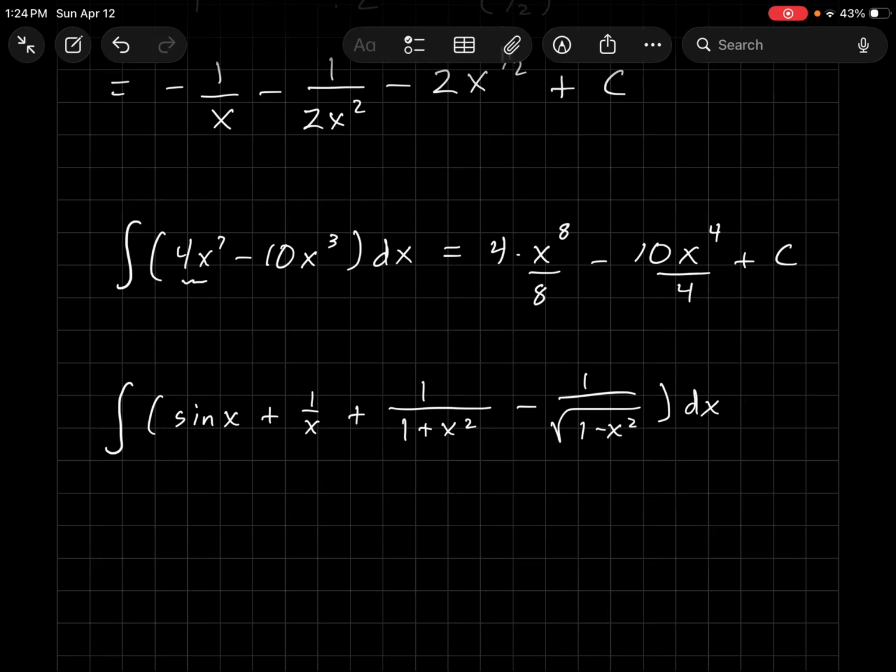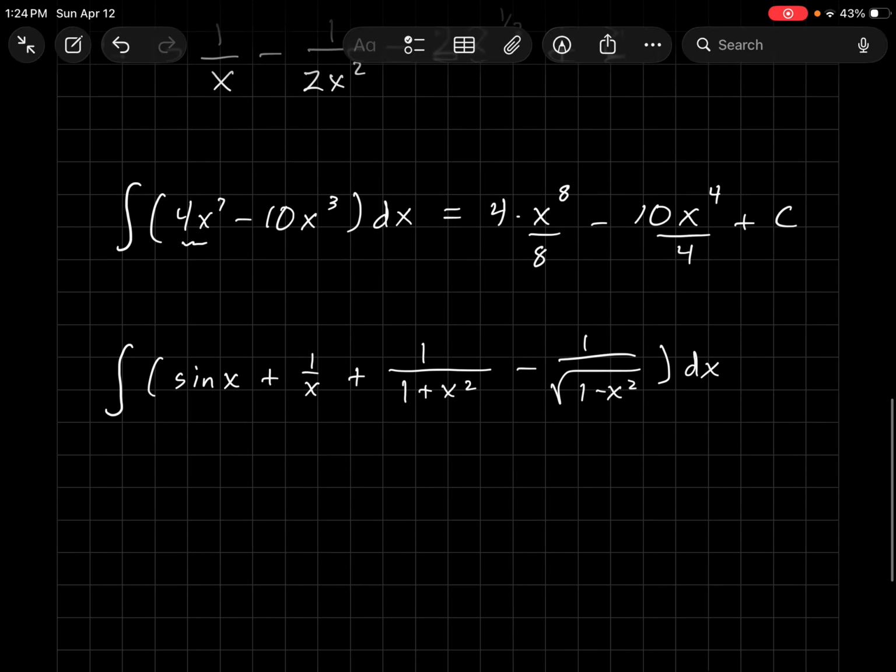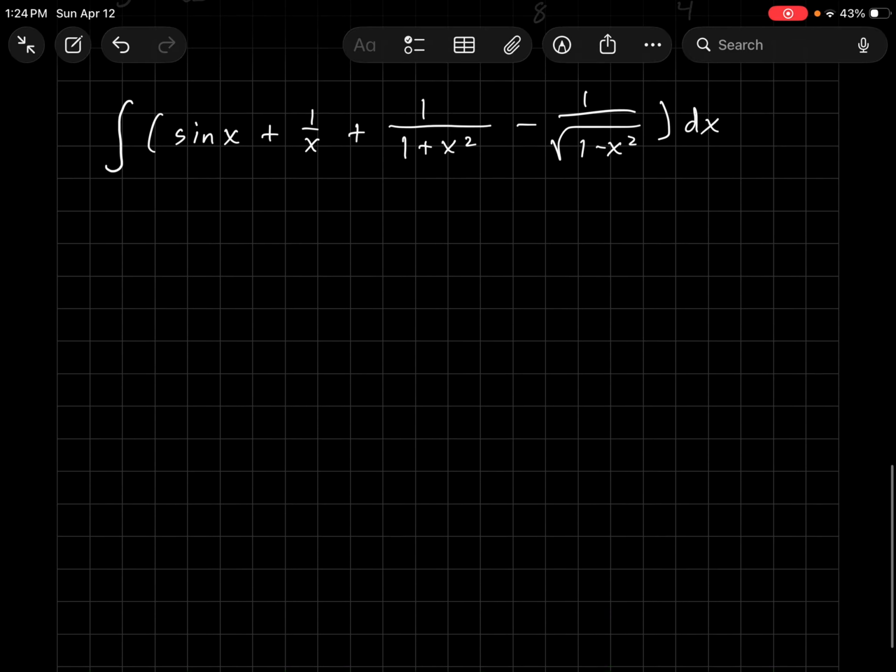Let's put all of these other rules together into one problem, but we'll break it down and do each piece. Here, we have to go back and say the derivative of what equals each piece. You might think these are power rules or other things, but they're not. Each one of these are the end result of a derivative we should know.